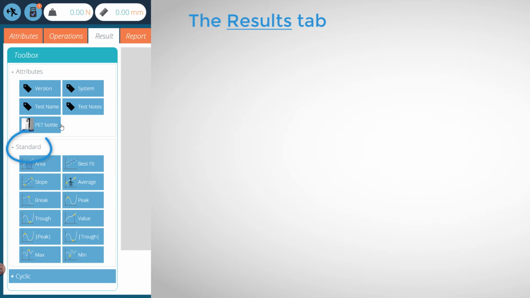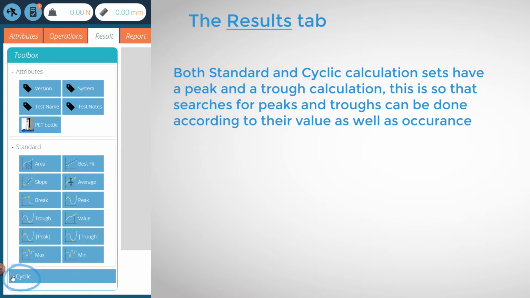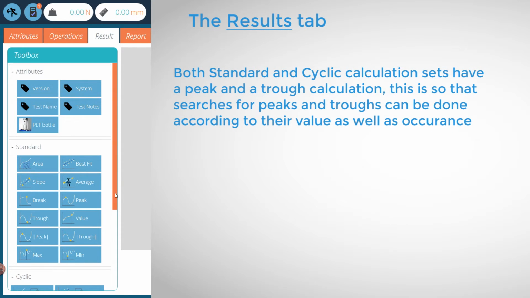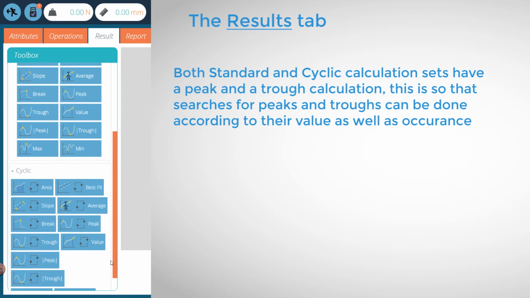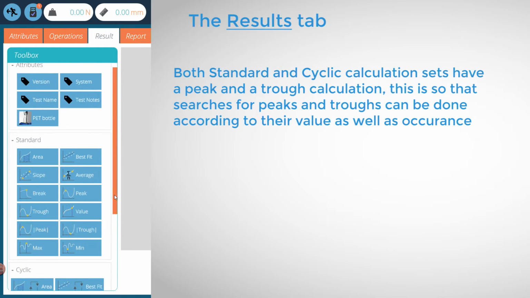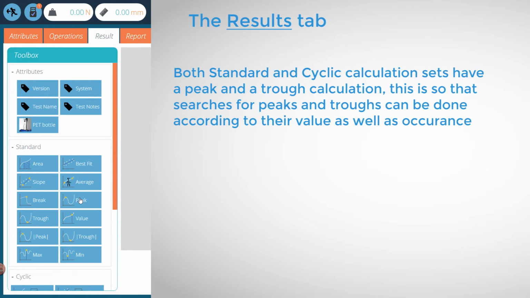We have our standard calculation set and a cyclic calculation set. Within each calculation set, you'll notice that there are 2 separate peak calculations and 2 separate trough calculations. This is so that you can search for peaks or troughs either in order of their value, but also in order of occurrence.